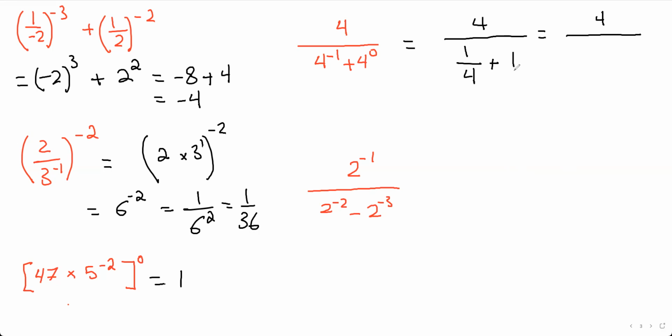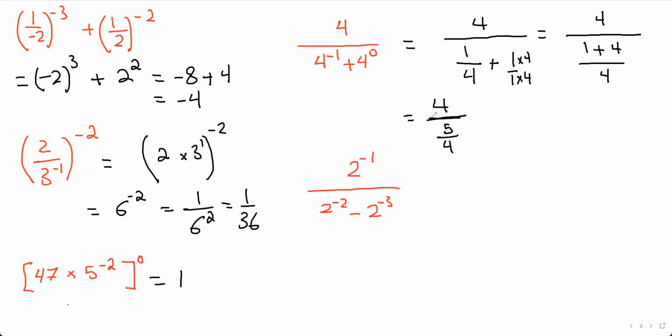And the 1/4 plus 1, I'm just going to put that over 1. I'm going to do a common denominator by multiplying this by 4, multiplying this by 4. So that will give me 1 plus 1 times 4 is 4, and the common denominator is 4, which gives me 5 over 4.